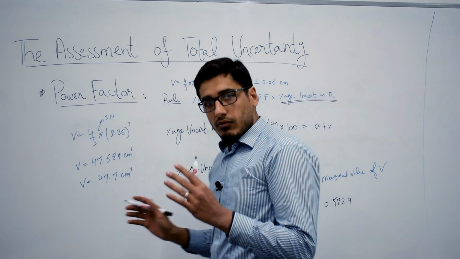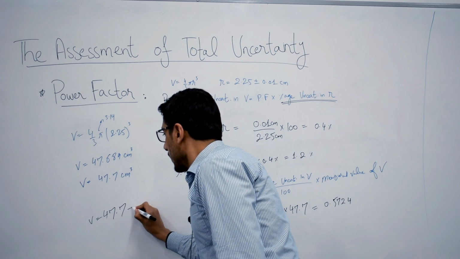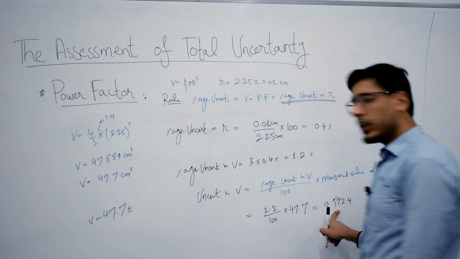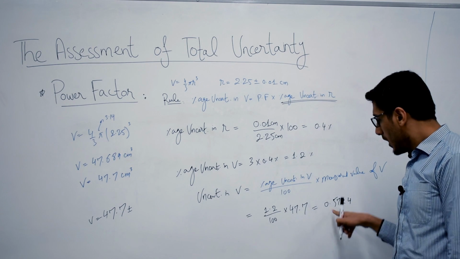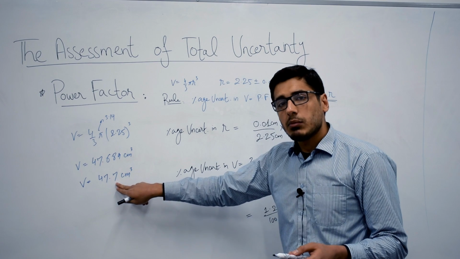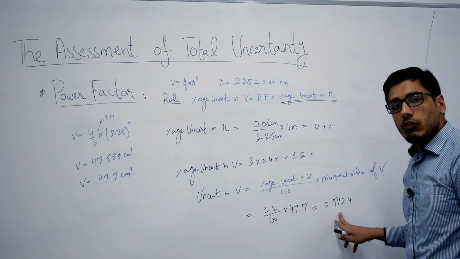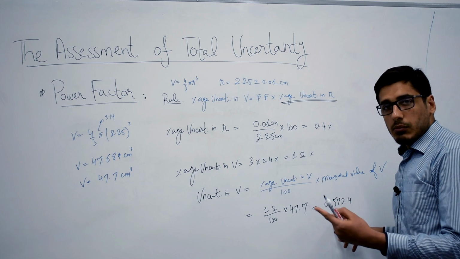So the value of volume is now 47.7 plus minus 0.5724 centimeter cube. But you can see that there is only one decimal place in the measured value of volume. So the uncertainty in volume should also have only one decimal place.